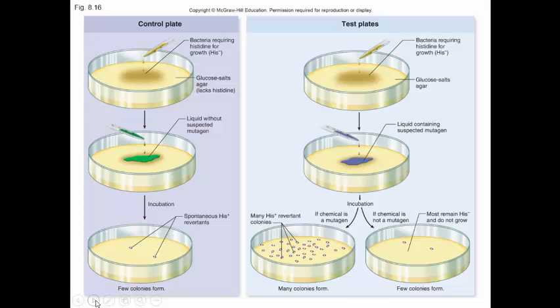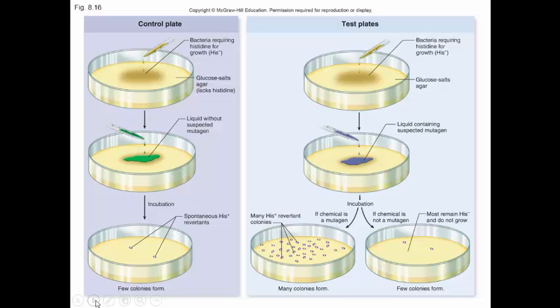Now, remember we talked about auxotrophs? They don't have the capability to do something. Well, in this case, the auxotrophs are what is referred to as his minus. That means that they have an inability to make histidine, an essential amino acid.